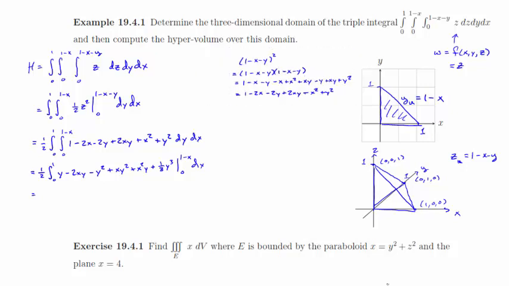Alright, so let's then look at, we're going to have this be 1/2 times the integral from 0 to 1 of 1 minus x minus 2x times 1 minus x minus 1 minus x squared plus x times 1 minus x squared plus x squared times 1 minus x plus 1/3 times 1 minus x cubed dx.